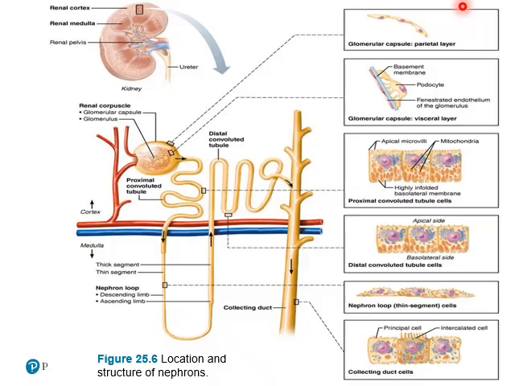So instead of just the fenestrations, you have another filtration slit between the processes, the pedicels of your podocytes, and it allows filtrate to pass into the capsular space.